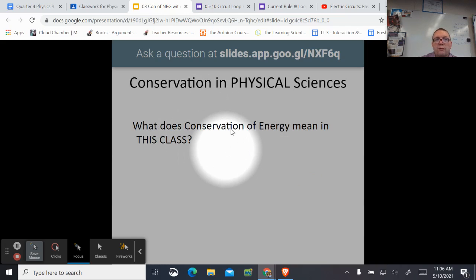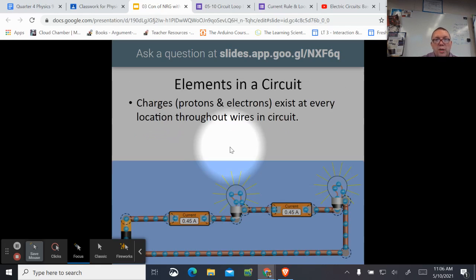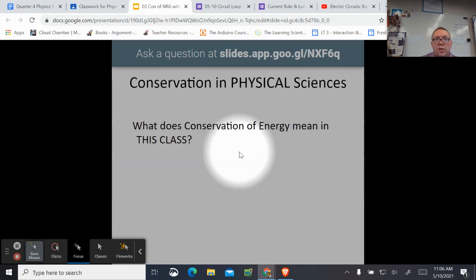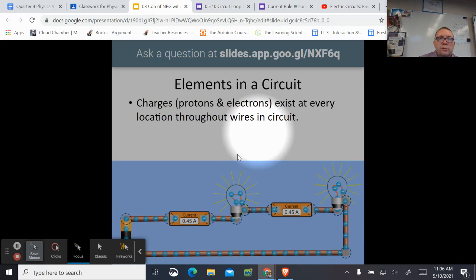But for us, we mean that the total amount of energy is constant. It just changes form or changes how we see it, and how we can capture it or use it or contain it. So that's the sort of energy conservation stuff that we would talk about.